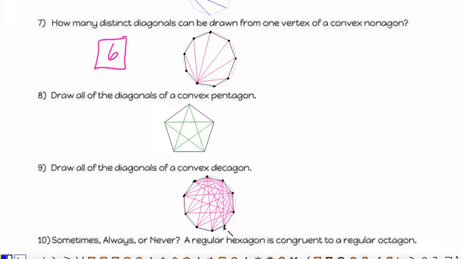This one already has 3, so I need 4 more. 1, 2, 3, 4. That one already has 4, so there are only 3 to add. 3. This one has 5, so I need 6 and 7.